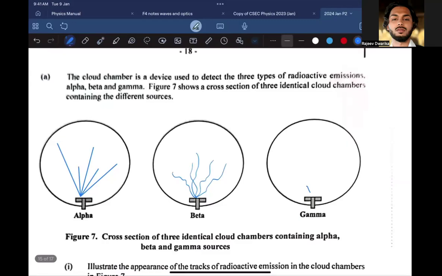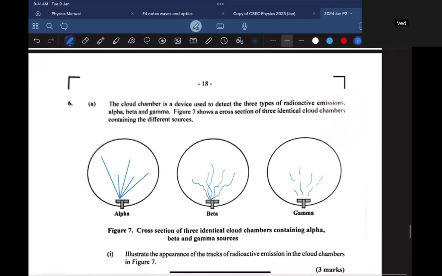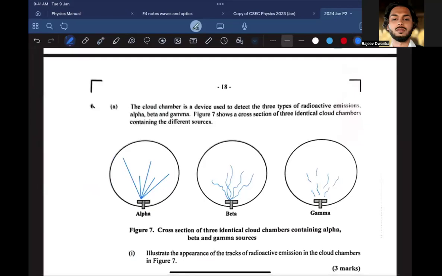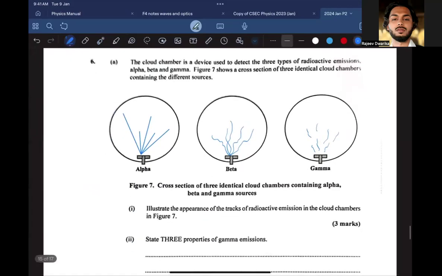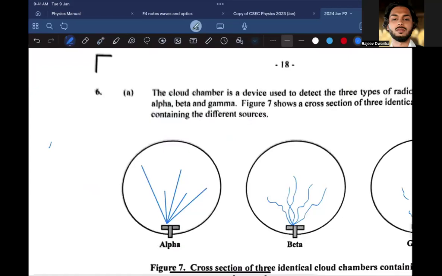Okay, did you know the cloud chamber experiment? The experiment itself, no, but I have seen people repeating it. Okay, so in case it asks you about the cloud chamber experiment, I'm going to write it down one time here so you don't forget.